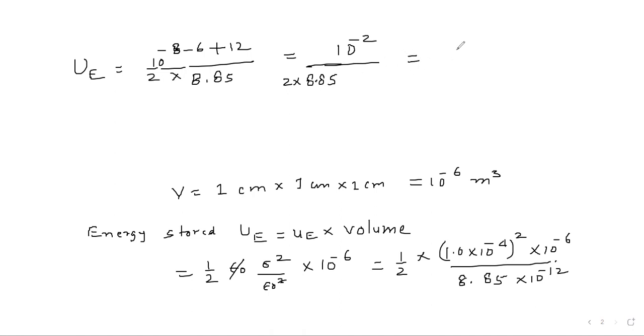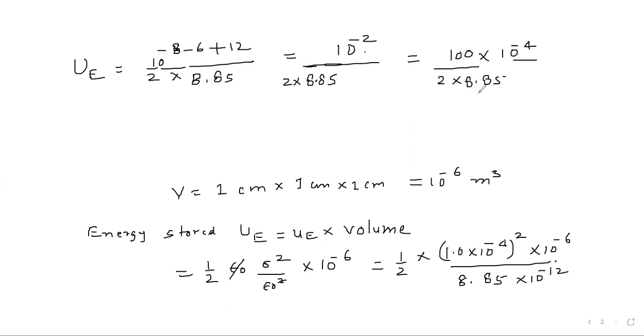So we can write it as 100 into 10 to the power minus 4, then this will become 2 into 8.85. Here the power will be adjusted so that we can easily divide.